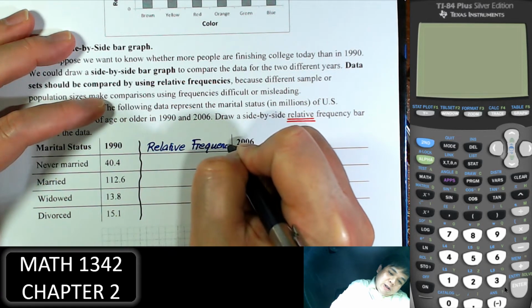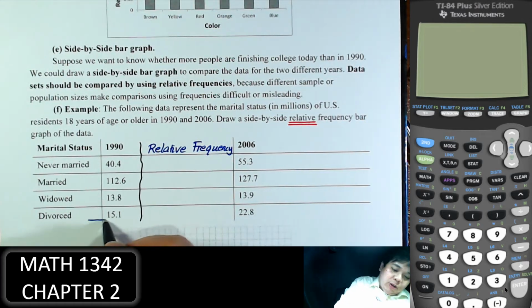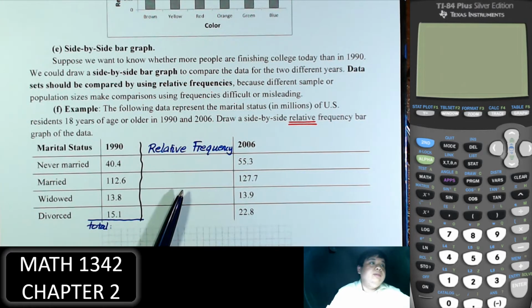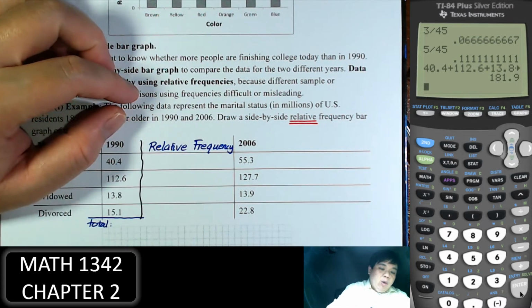We add all of this up to see what the total is: 40.4, 112.6, 13.8, and 15.1, and 181.9.